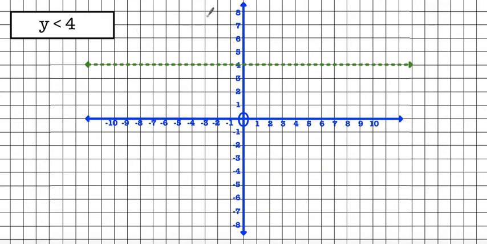And now looking at our inequality, if y is less than 4, then we're going to shade below the y, because if we're looking at the y-axis, all the numbers above are greater than 4, and all the numbers below are less than 4. And if y is less than 4, we're going to shade below.